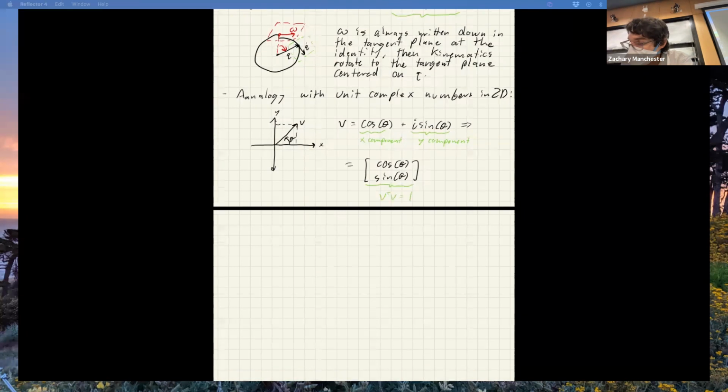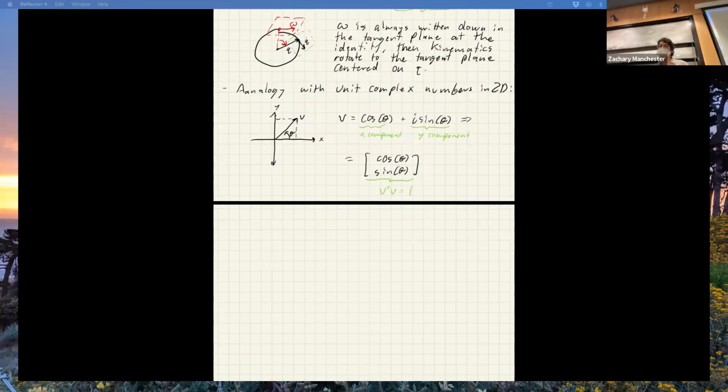Now if I take V dot, the time derivative, I can write this as partial V partial theta times theta dot. If I chain rule through that definition, I get minus sine theta for the derivative of the cos, and cos theta for the derivative of the sine, times theta dot.